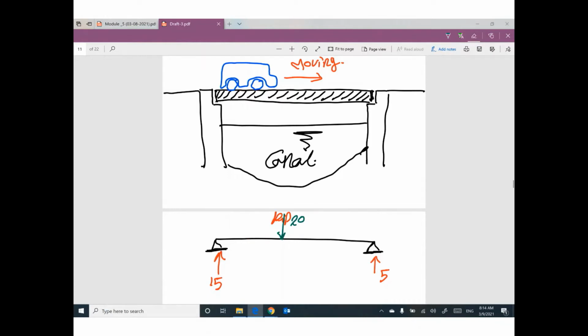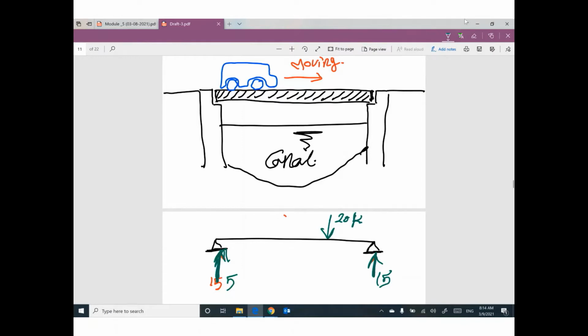The new position of the truck will change the reactions to, for example, 10 and 10. After another second, the truck will move more, so these reactions will change, probably to 15 and 5.